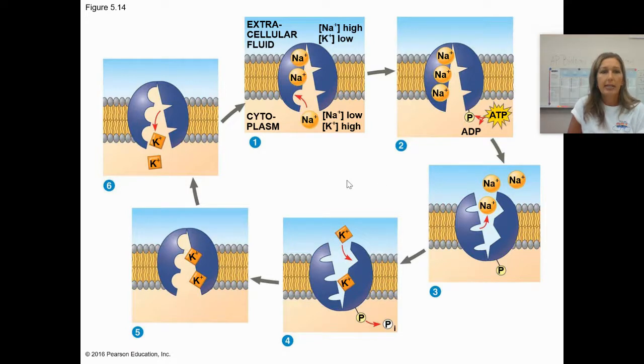So this is an example of a sodium-potassium pump. Now, this sodium-potassium pump is super, super important for how neurons send signals. And neurons send signals by creating a concentration gradient. So they actually will polarize by putting more sodium outside of the neuron than inside.